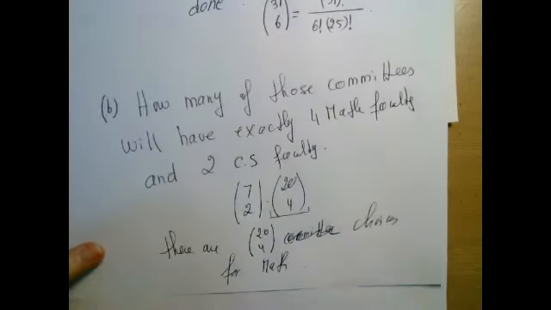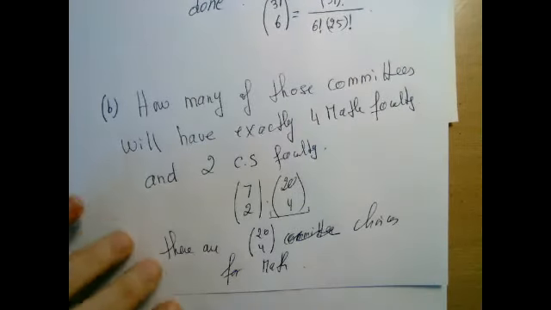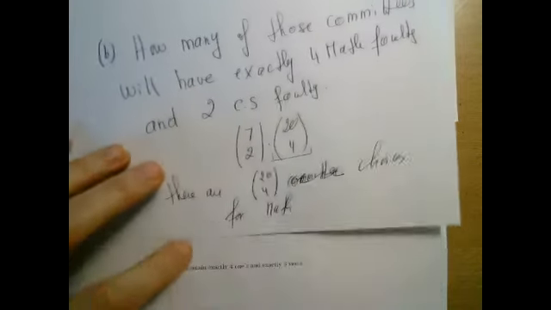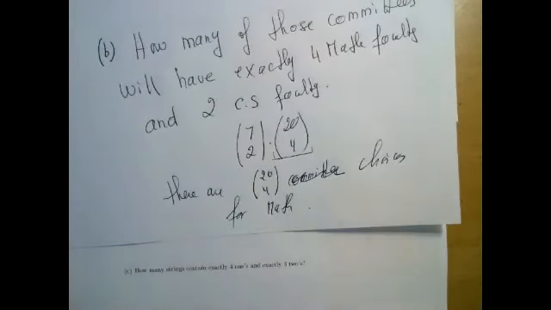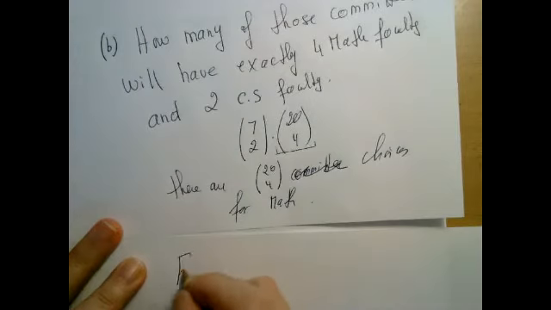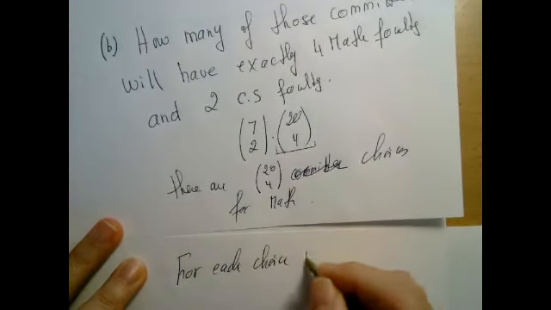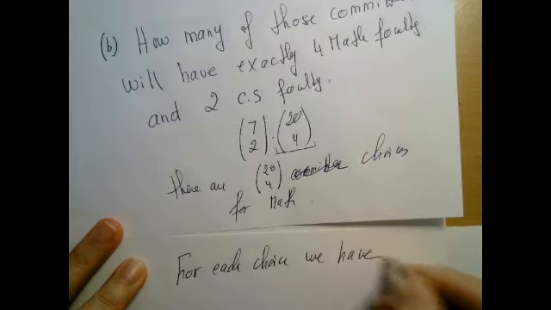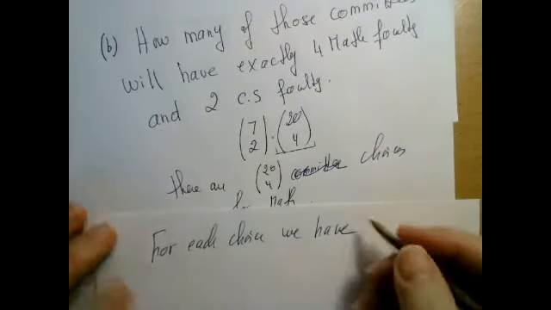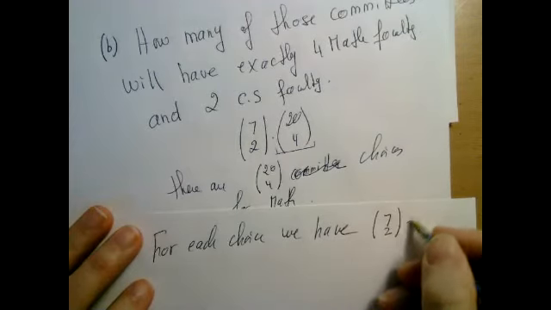For each choice, and that's really the product rule now, we have 7 choose 2 choices for the CS.